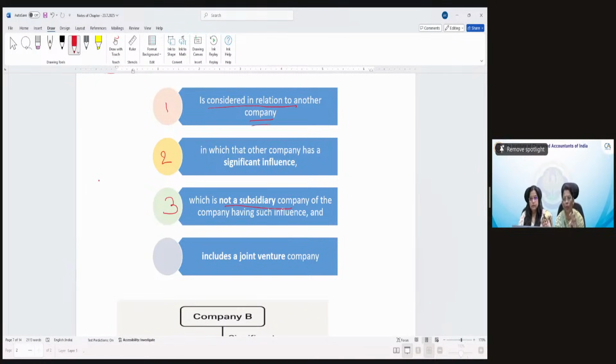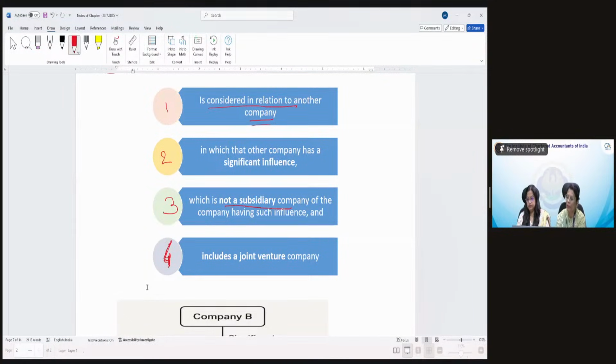Had that been a subsidiary company, there would have been no need to have a distinction between a subsidiary company and an associate company. And then next is, however, such company can be a joint venture company. It includes, it can be in such a nature.